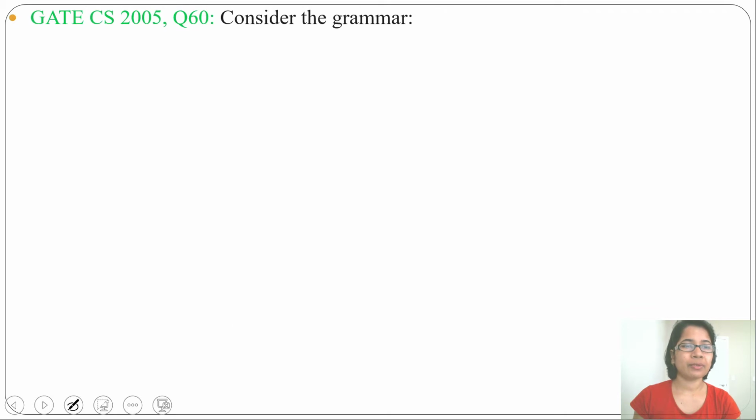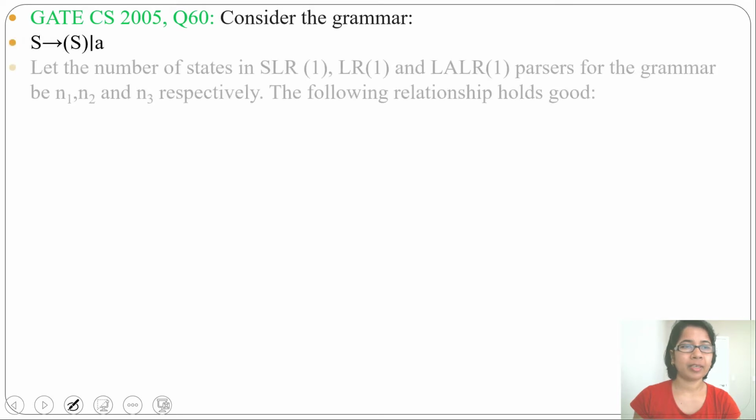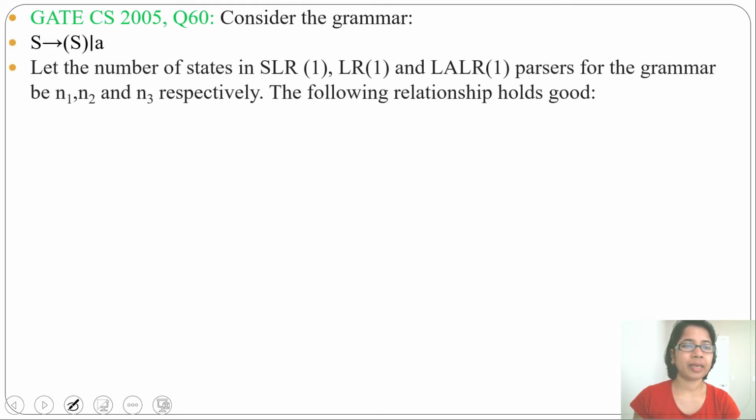Next question, it was asked in GATE CS 2005, question number 60. Consider the grammar S derives (S) or a. Let the number of states in the SLR1, LR1 and LALR1 parsers for the grammar be N1, N2 and N3 respectively. The following relationship holds good.